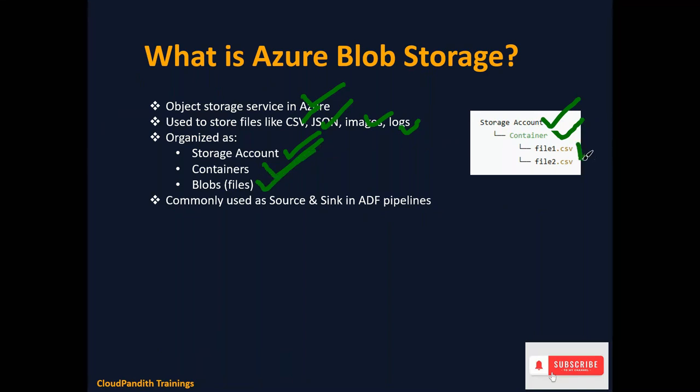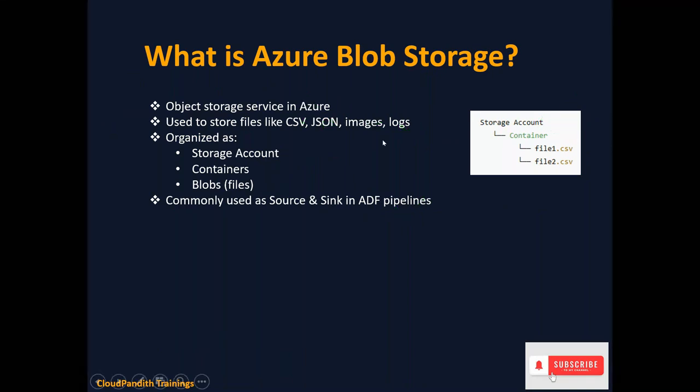The files stored in blob storage are called blobs. In Azure Data Factory projects, blob storage is commonly used as both a source and a sink. You can think of Azure Blob Storage as a folder system available in cloud storage.